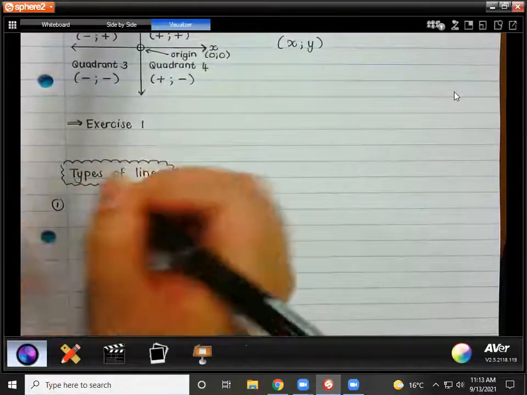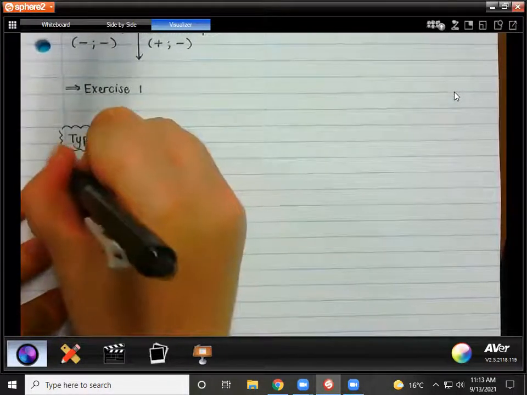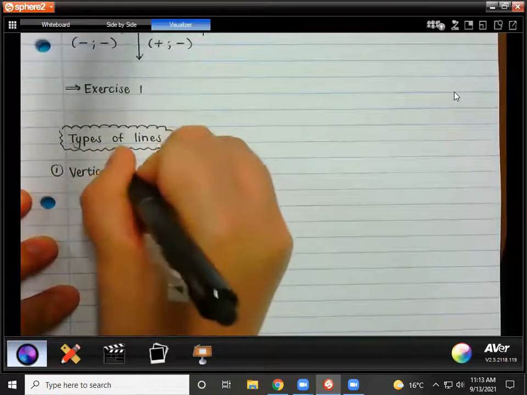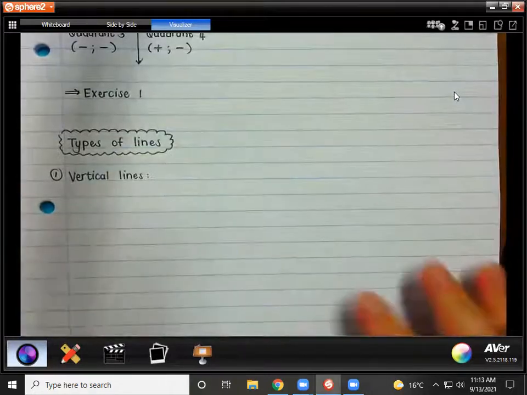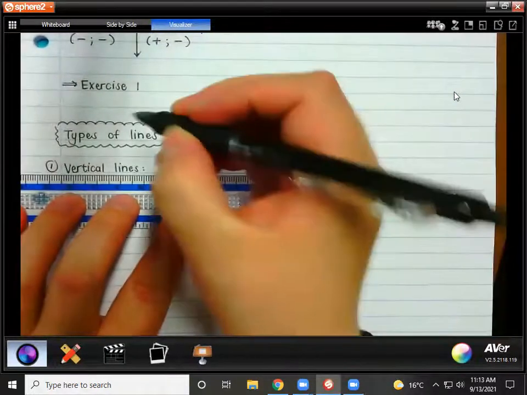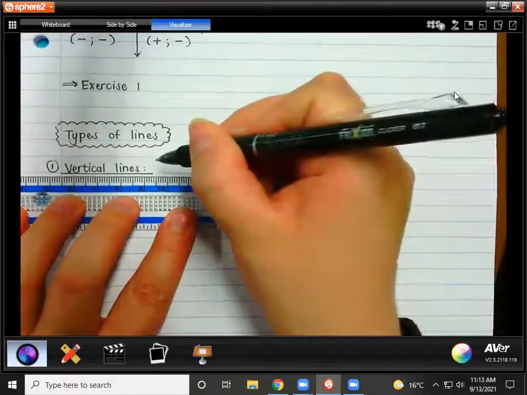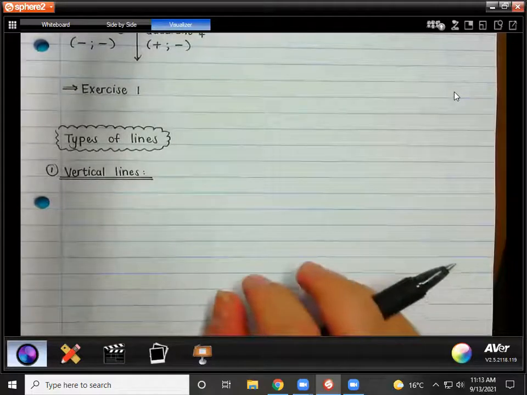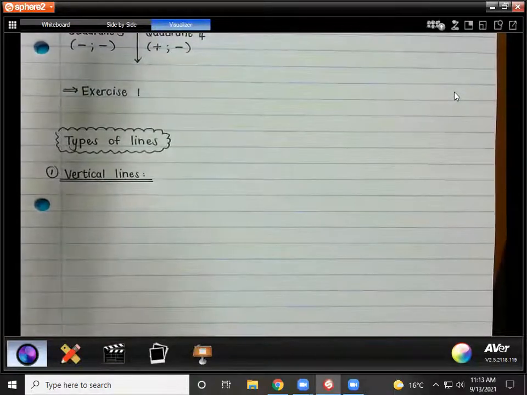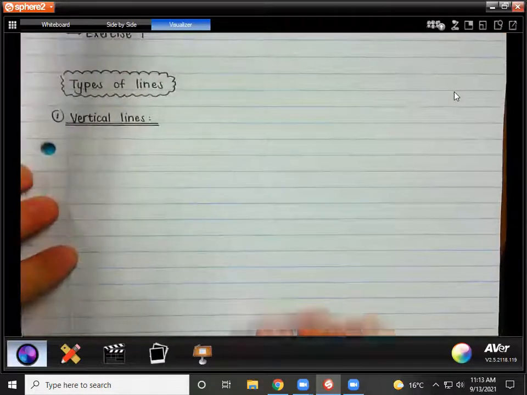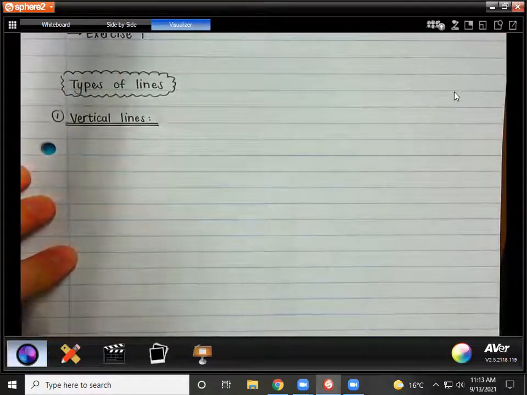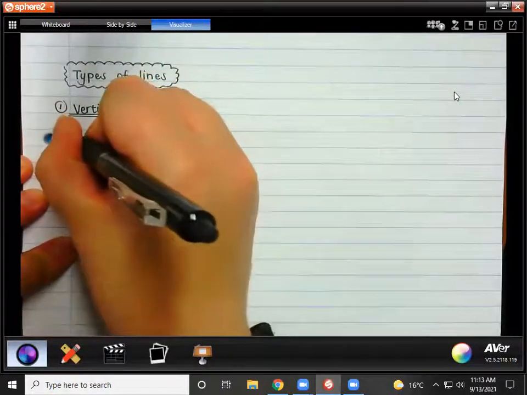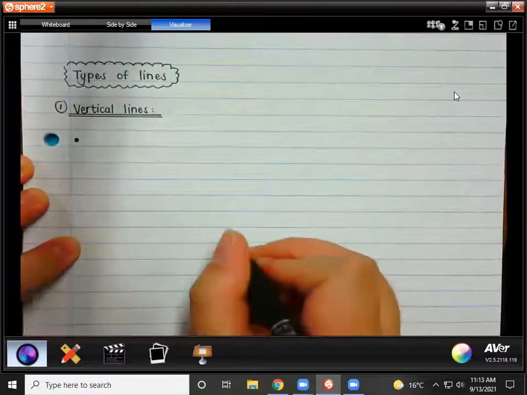So the first one is vertical lines. Okay, now I'm just going to write a few things down here that we need to know.